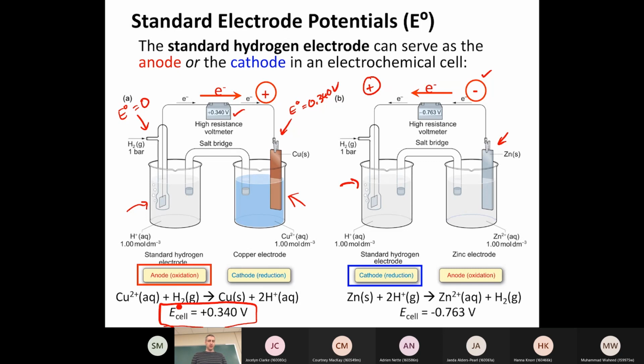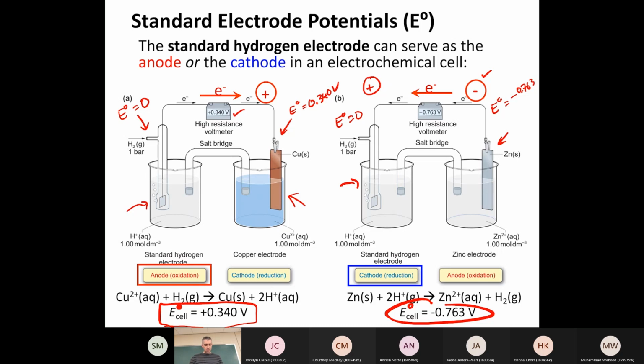You could say they're going right to left. And therefore, we could say that the E cell, E0 cell, if everything's 1 molar, is negative 0.763 volts. And we can say that because the E0 on this side is 0, the E0 on the other side is negative 0.763.